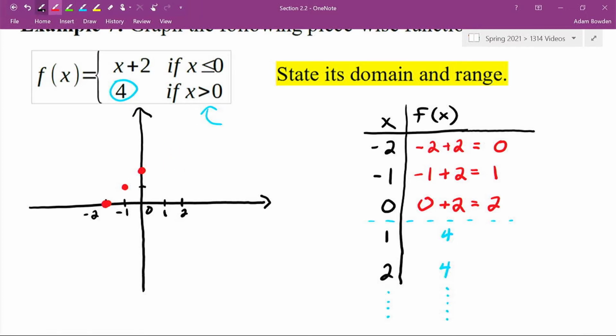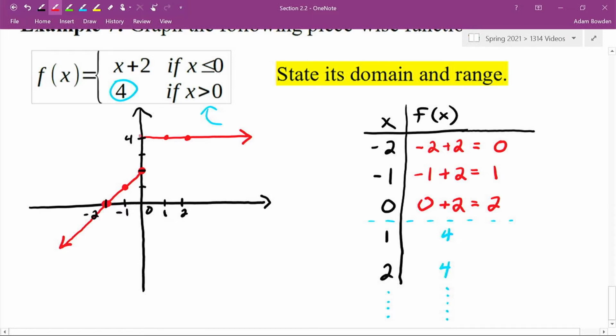So it kind of jumps up all the way to 4 up here. So how we're going to have to draw this is the first part of the graph is a line that travels like so. And then after it gets to 0, it jumps up to 4, continues on from there.